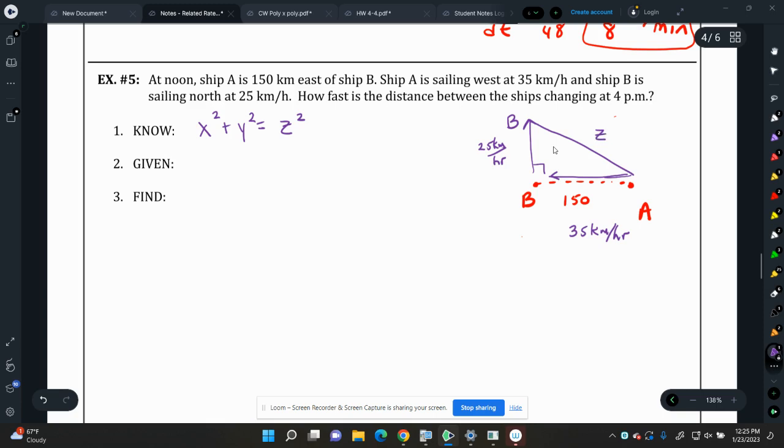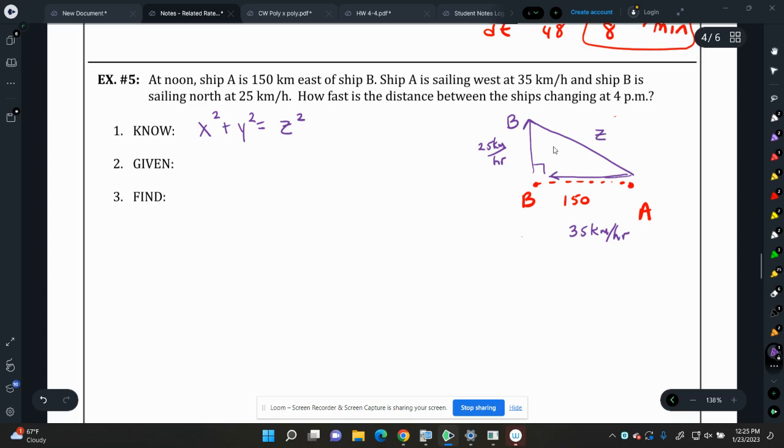We were just saying how you could also take out a 10. Yes, we could also take out a 10. Okay, so I get dz dt equals 215 over the square root of 101. Don't worry about rationalizing that denominator. You can leave it like that.